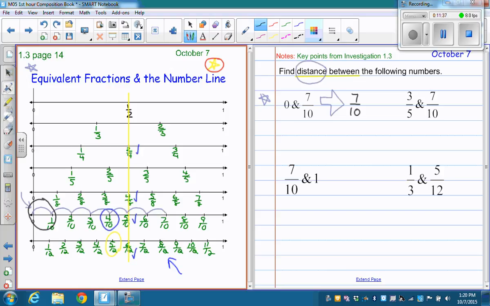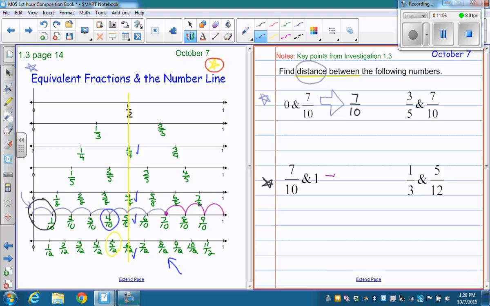If I wanted to find the distance between 7/10 and 1, then I would repeat the process, but now I'm going to start at 7/10 and I do 3 jumps. So now the distance between 7/10 and 1 is 3 jumps, each jump being the size of a tenth.